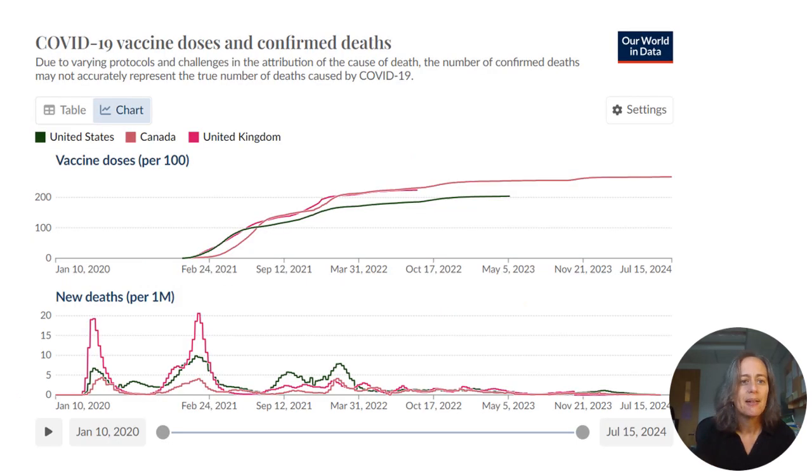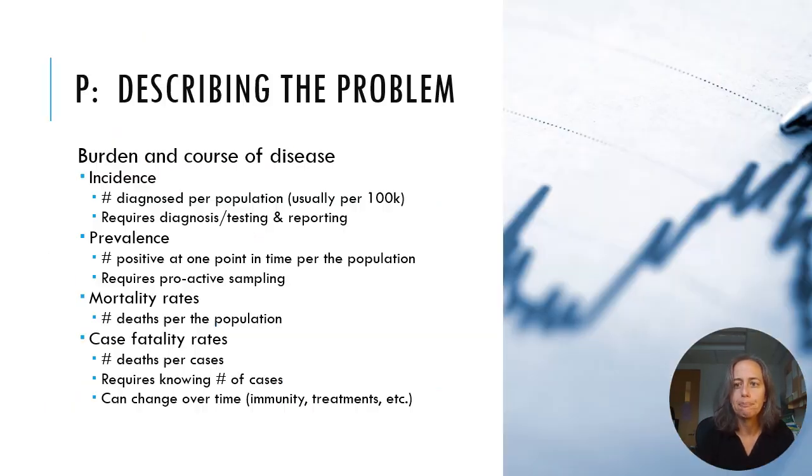This is also looking at vaccine doses that had been administered and then looking at deaths from COVID-19. We can see the impact of developing immunity on the mortality caused by disease, whether that's through vaccination or previous infection. So case fatality rates and mortality rates can change over time.